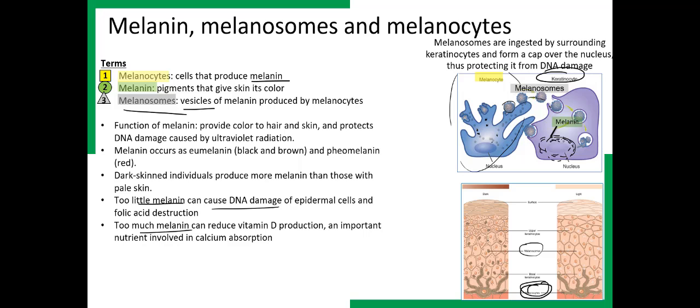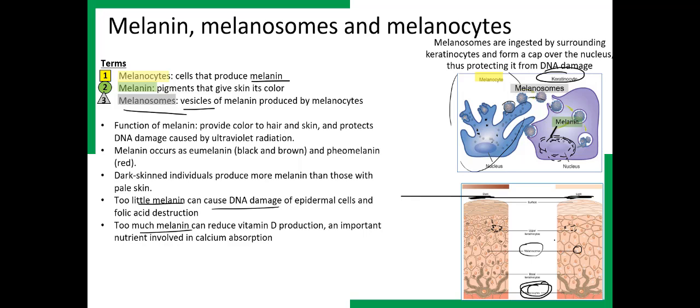And what you can see here is that there are a lot of melanosomes in darker skin that produce and release the melanin pigment. Compared to light skin, you can barely see the melanosomes, and you can't really see the melanin in light colored skin, right?